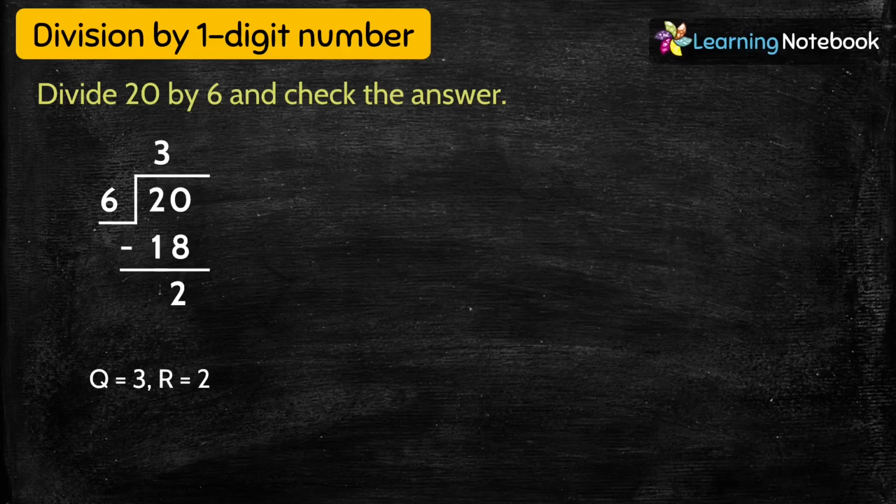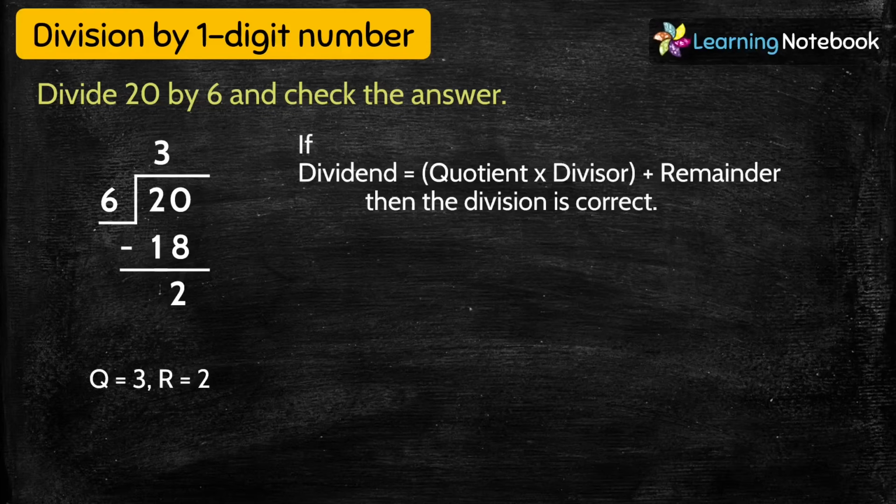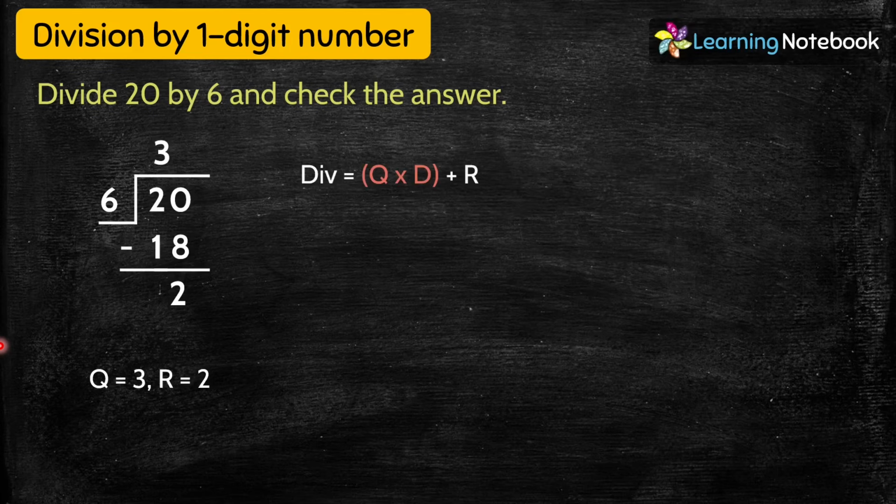To check our answer, we will check if dividend equals quotient into divisor plus remainder. Then only our division is correct. We can also write it as D equals Q into d plus r. So let's put the values here.